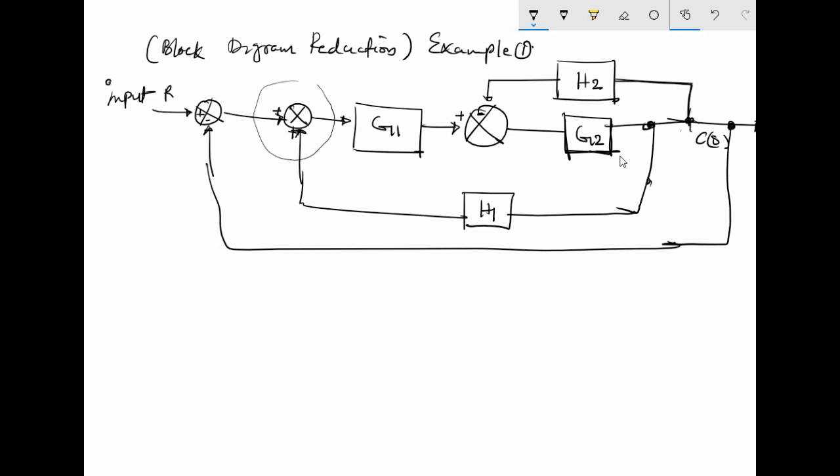So there are multiple ways to reduce this. The ultimate way is to solve this such that you can find it in the form of your output divided by input, and my output signal is CS and my input signal is RS.